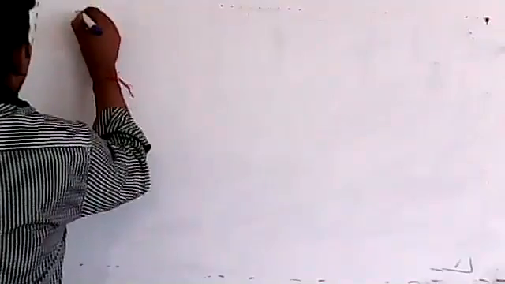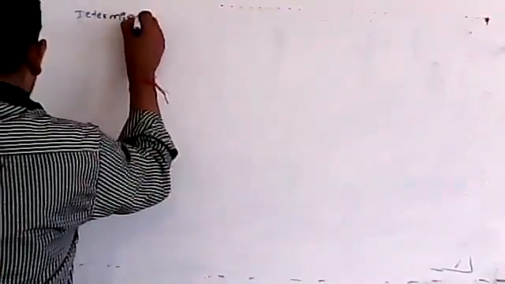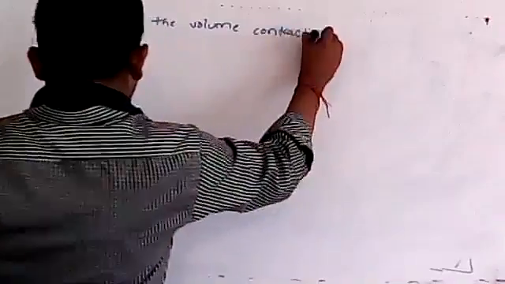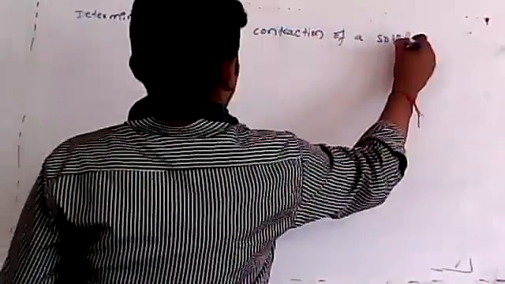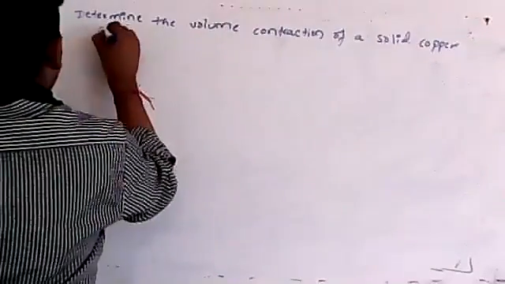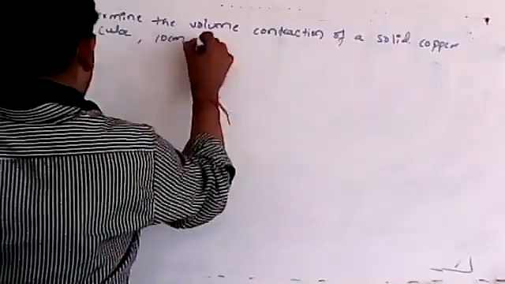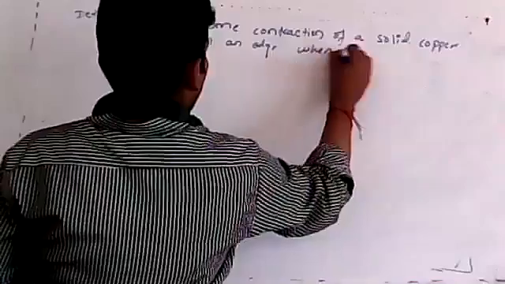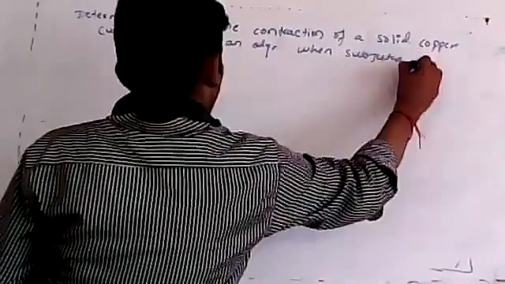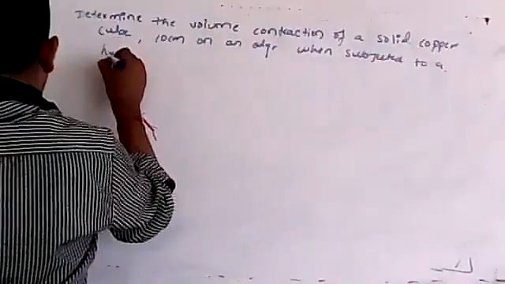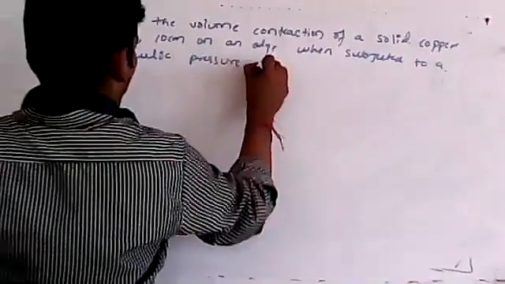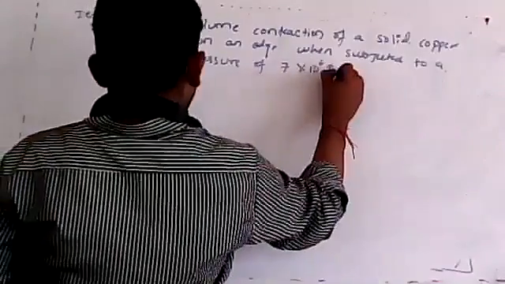Determine the volume contraction of a solid copper cube, 10 centimeter on an edge, when subjected to a hydraulic pressure of 7 into 10 raised to 6 Pascal.